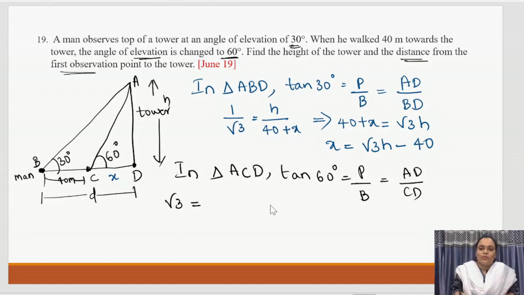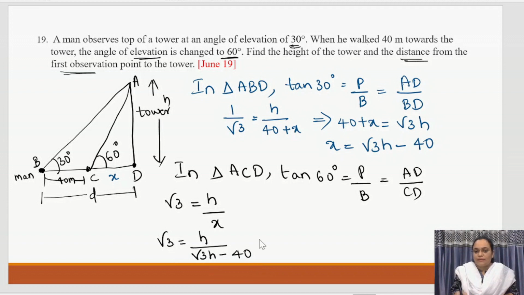Root 3 is equal to AD, which is h, by CD, which will be x. What is the value of x here? x is root 3 h minus 40. So put it here, root 3 h minus 40.